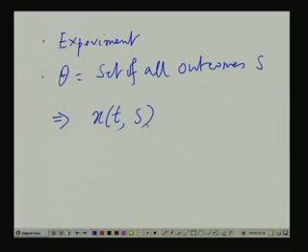This process of assigning these random functions to outcomes is called a stochastic process.